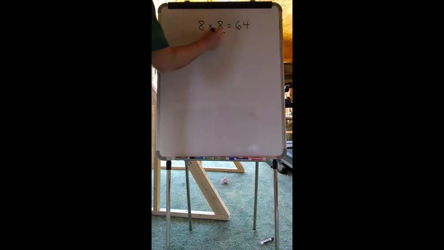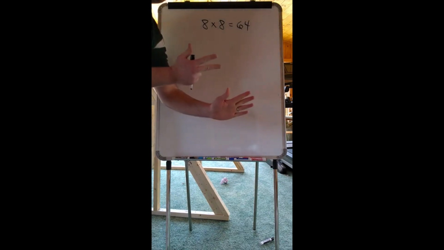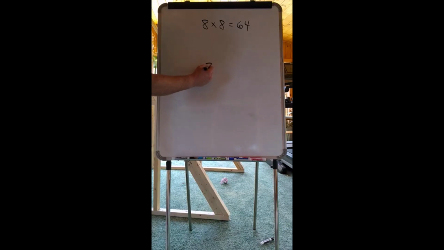Like I said, this was a challenge, but let's think. We've been multiplying by tens for years. 10, 20, 30, 40, 50, 60, 70, 80. So 8 multiplied by 10 is 80. Let's write that here: 8 multiplied by 10 equals 80.